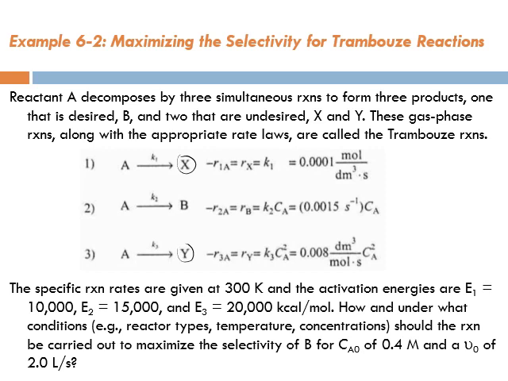These gas phase reactions, along with the appropriate rate laws, are called the Trambouze reactions. So we have A goes to X, undesired, A goes to B, desired product, and A goes to Y, and we have the rate laws as well as the rate constants.